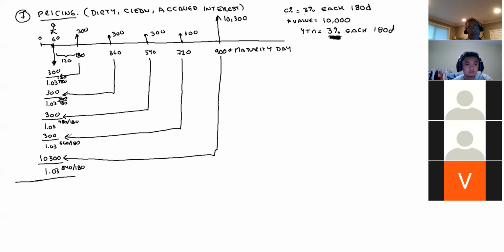Okay, so can you help me with these computations? Let me rewrite this just to be sure you are able to see them. So this is going to be 60 over 120, 180.